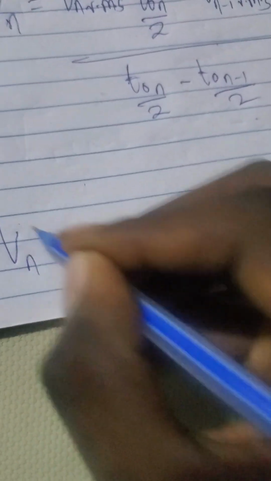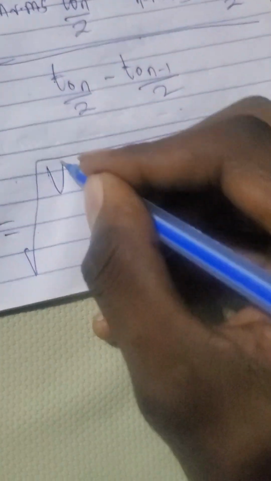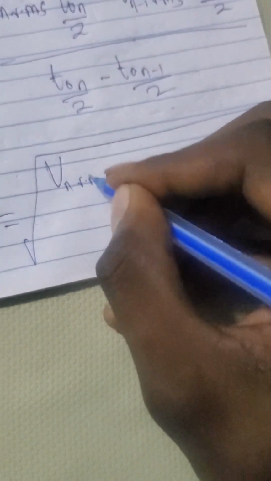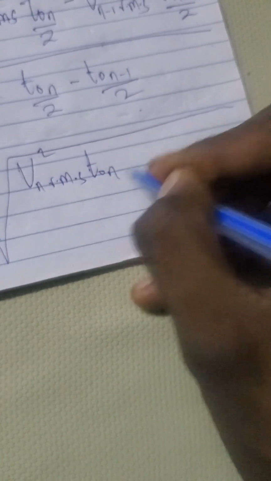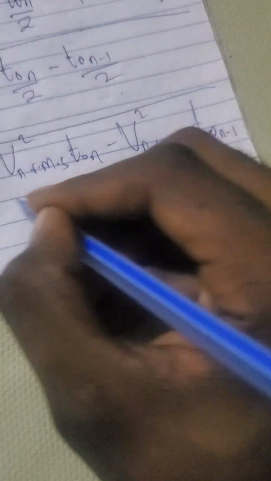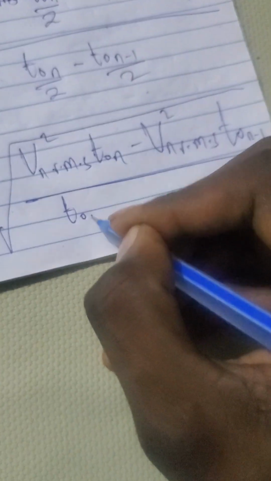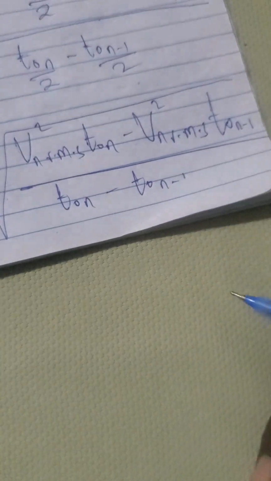And therefore our equation will be given as Vn is equal to the square root of the root mean squared velocity of that layer multiplied by t naught n minus Vn root mean squared velocity t naught n minus 1, over t naught n minus t naught n minus 1.